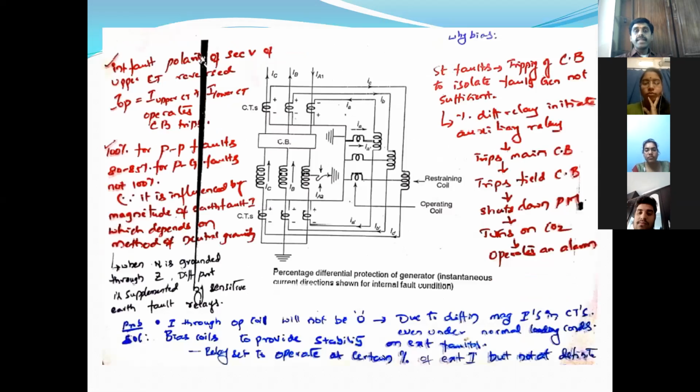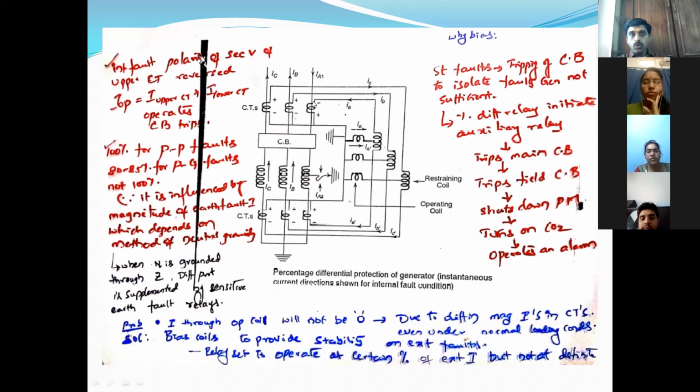You see, this is for the internal fault. Now, where did the fault occur? In the winding. The fault occurred here in the winding. This is an internal fault. Then what happened? You see, all the lower CT polarities are the same. If you see the upper CTs, because the fault occurred in this winding, the current in this phase is going to the fault because it is finding the lowest resistance path.